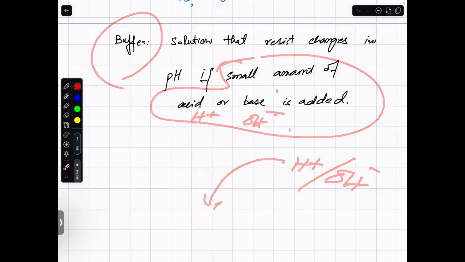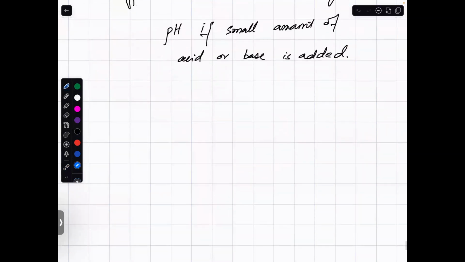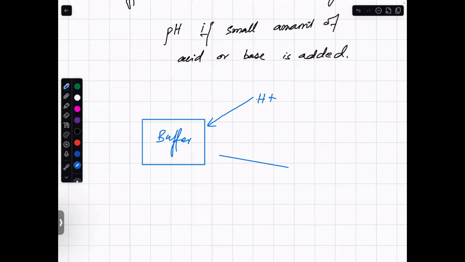So, a buffer is something that can react with both acids and bases. Buffer will neutralize this, buffer will neutralize this.